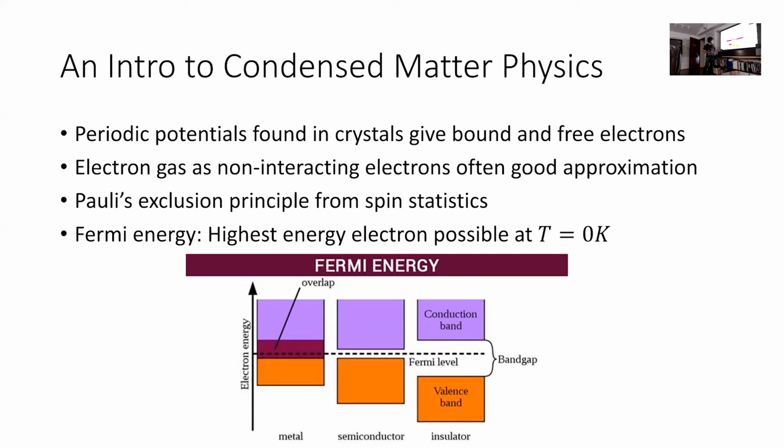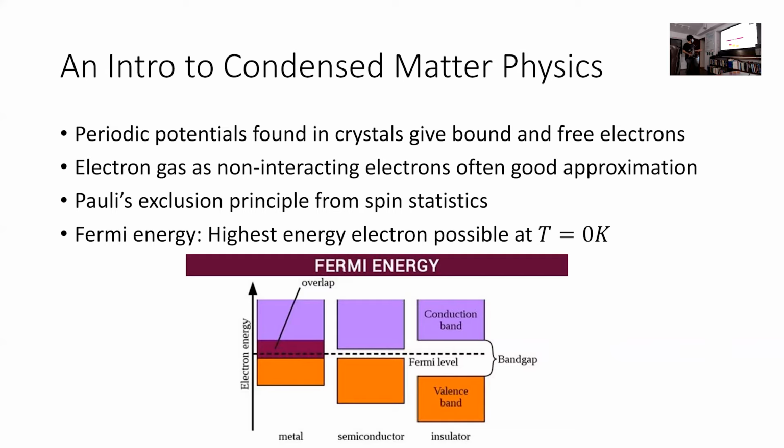But what actually happens in insulators is we get a band gap, and if the Fermi energy happens to lie in a band gap, then you're going to notice insulating properties. Semiconductors are just in between metals and insulators in the sense that there is a gap, but it's very thin, so you get some properties of both.